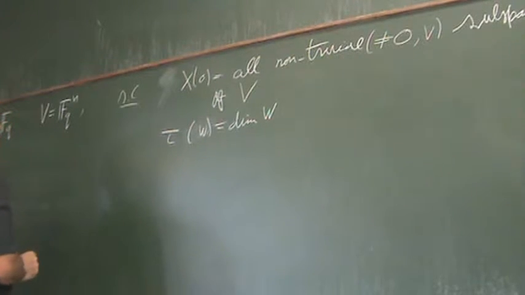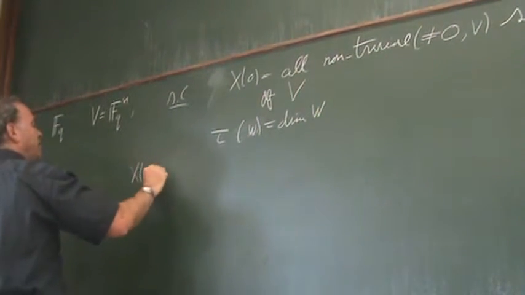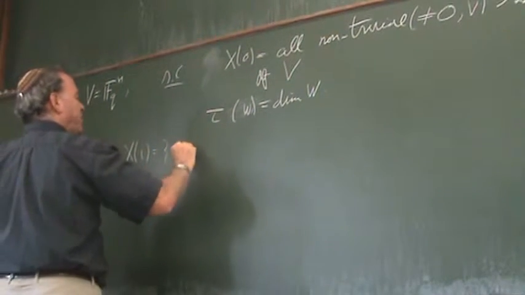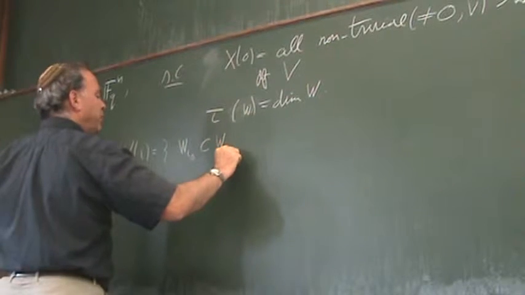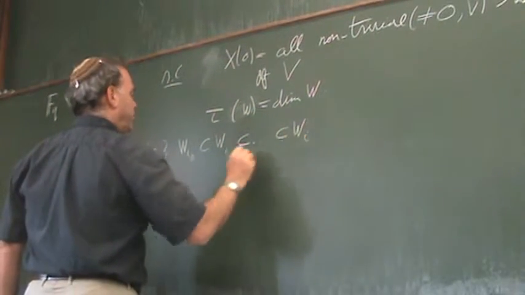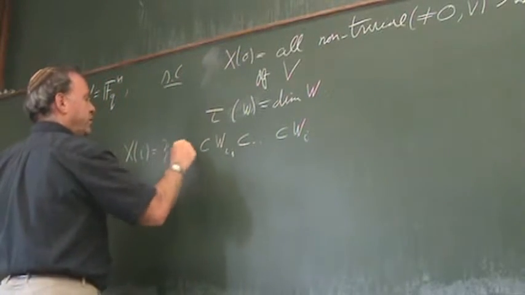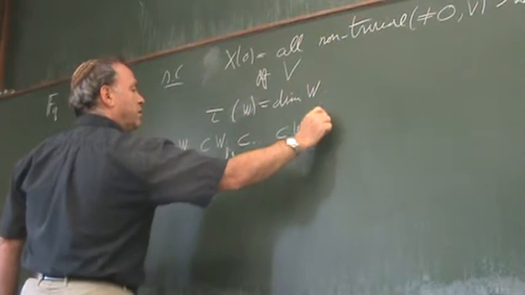And X_i, the i-simplices, is simply all the sets W_{j0} inside W_{j1} inside up to W_{ji}, right?